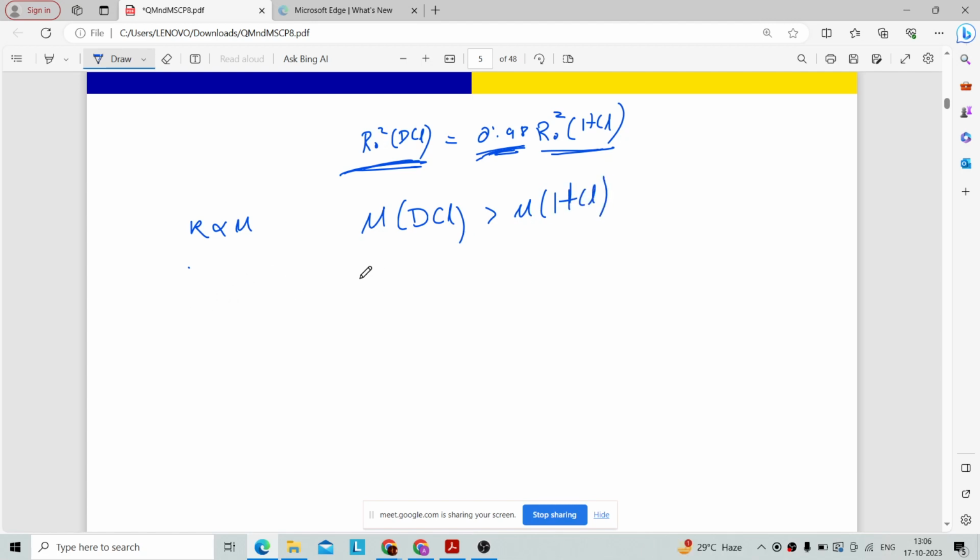So this will imply that K of DCl will be greater than K of HCl.